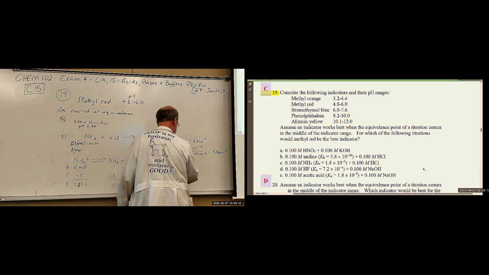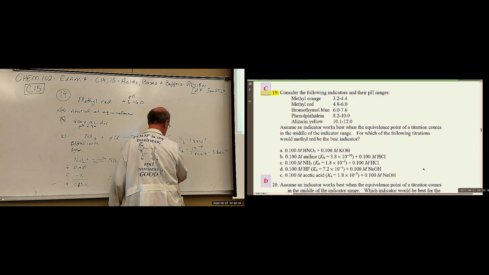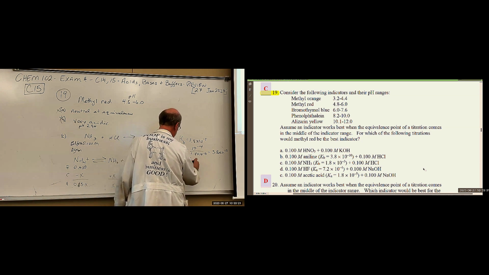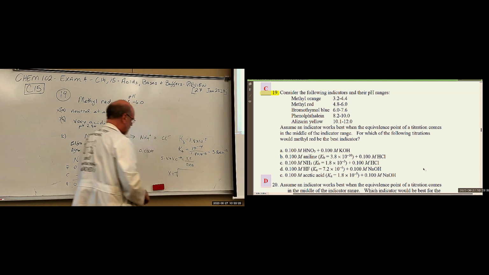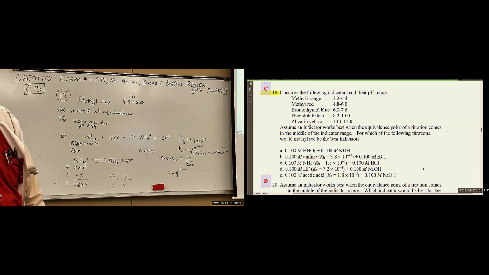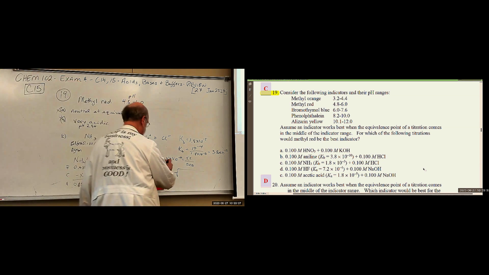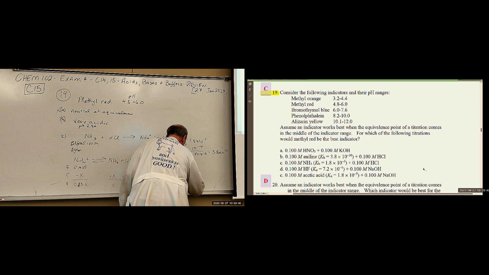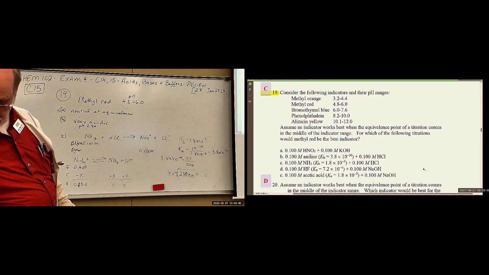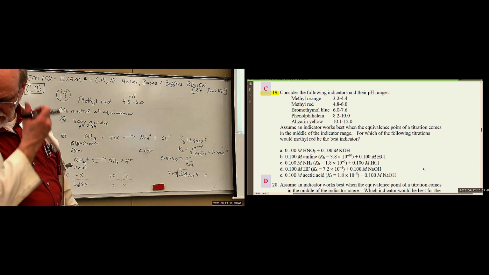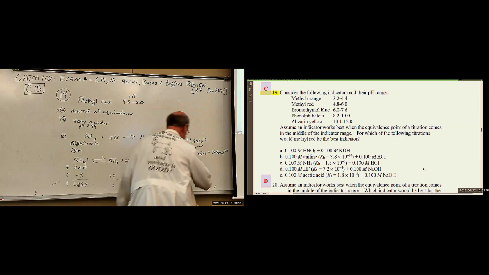What we've got here is a similar situation to that earlier problem where 5.56 times 10 to the minus 10 is equal to x squared over, we're going to drop the x, 0.05. So x is going to be the square root of 0.05 times 5.56 times 10 to the minus 10, which is 2.78 times 10 to the minus 11. And the square root of that is 5.27 times 10 to the minus 6.